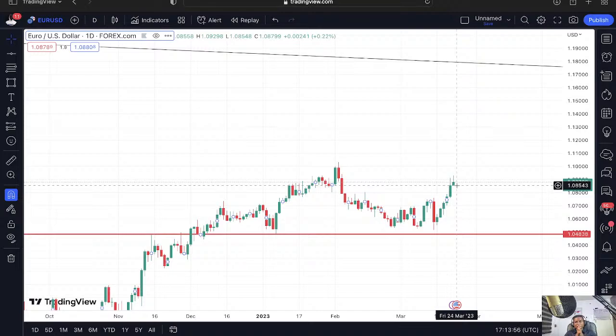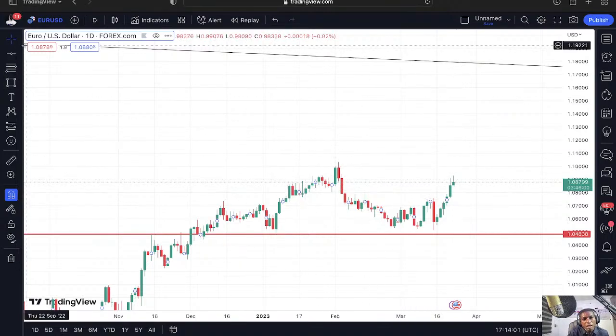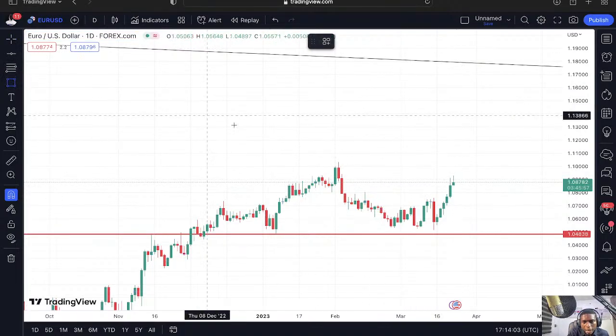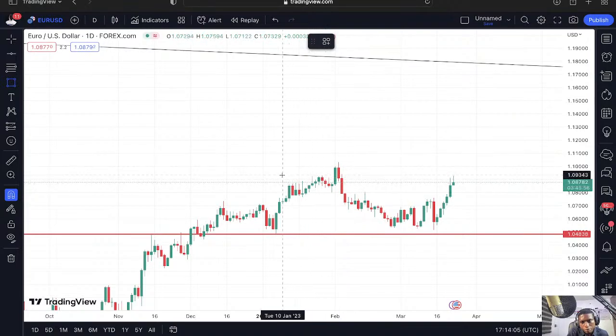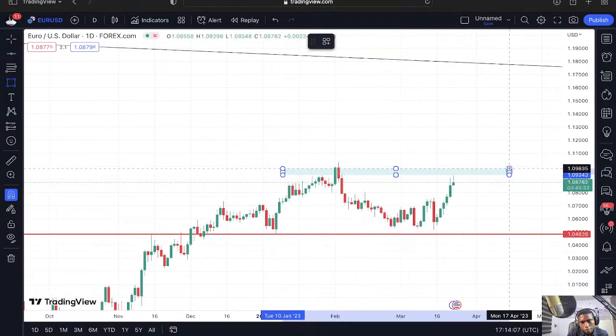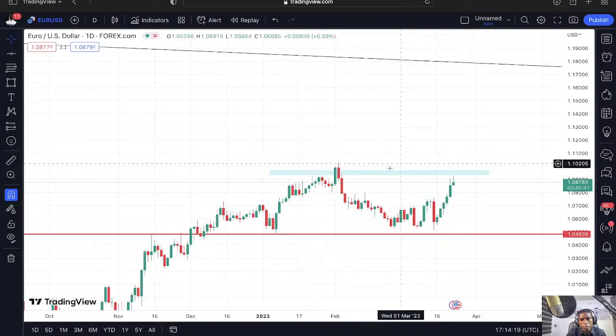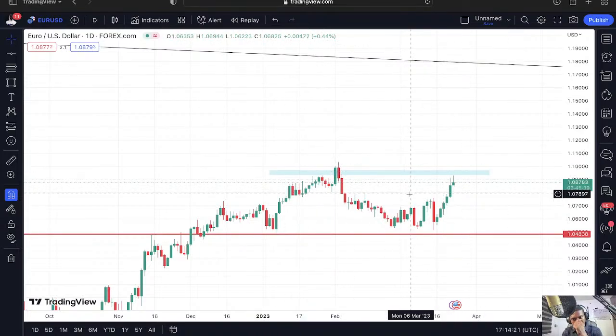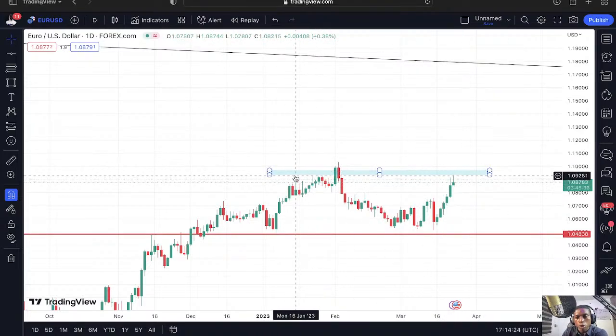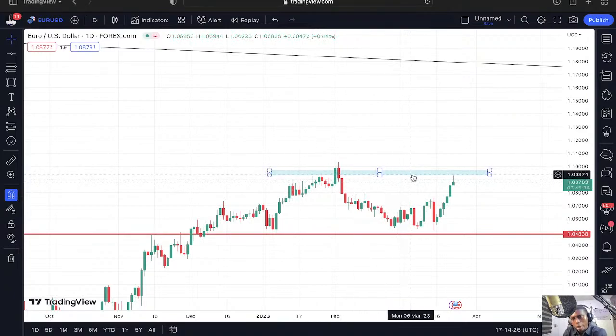So it's a question of, as a trader, what would you pay attention to here? So as a trader, I want to observe these levels. I want to observe this level. So I want to see what price will do when it gets here.